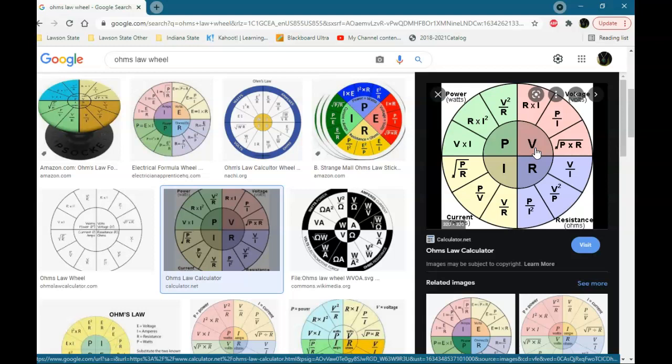So the main ones I might add to my repertoire of memorization are these two square root ones. To find current, the square root of P divided by R. To find voltage, the square root of P times R. If you can remember those two along with your Ohm's law setups that I've given y'all, then you'll be a lot easier off to deal with all this.